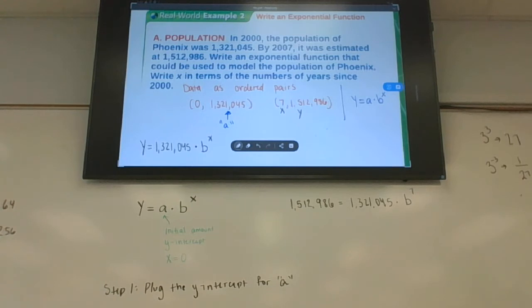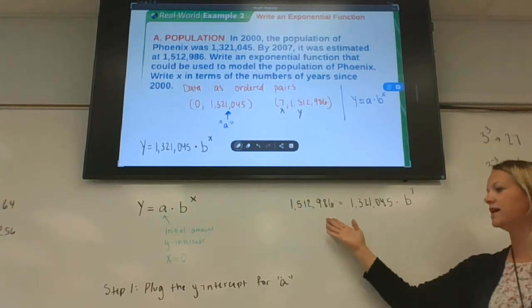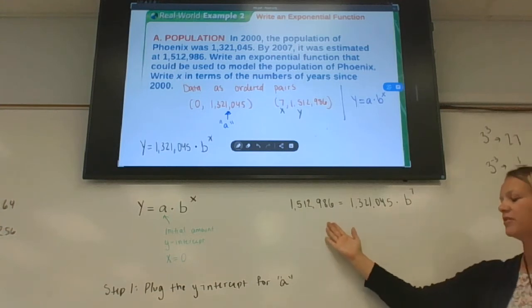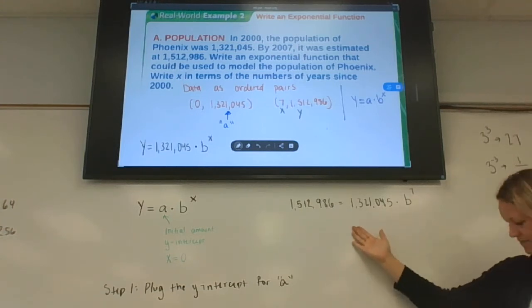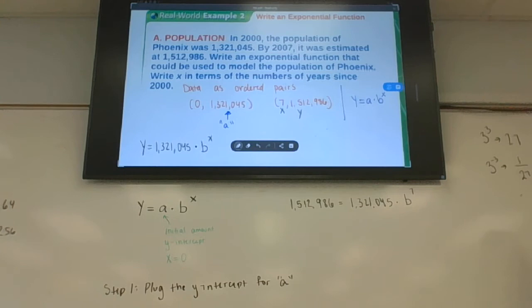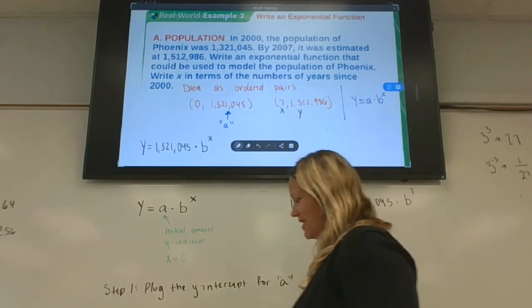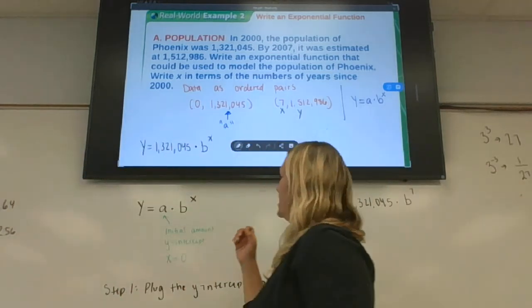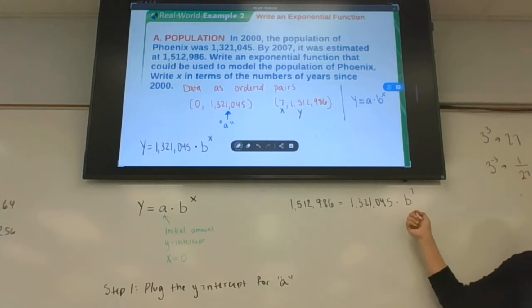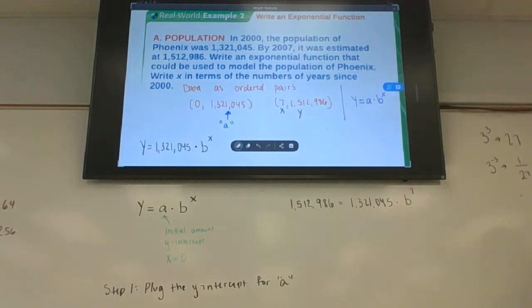Are we good? Okay, Autumn, what's my next step here? I'm on step 3. Yes, we're trying to get this letter alone. Good job. This is multiplication. We'll do the opposite of multiplication and divide.